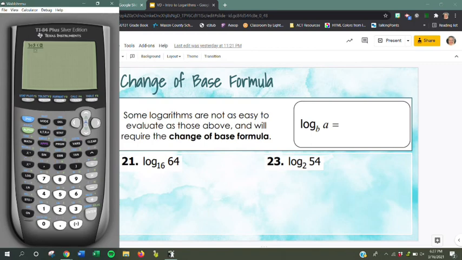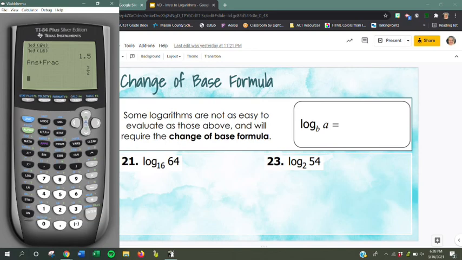So we're going to hit log, and it gives us parentheses because on your calculator you need to make sure that it understands what's included in the logarithm. So we have log of 64 divided by log of 16. When we hit enter, it's going to tell us 1.5. I prefer fractions whenever they're clean, but either one is fine. So 1.5 or 3/2 is going to be your answer.